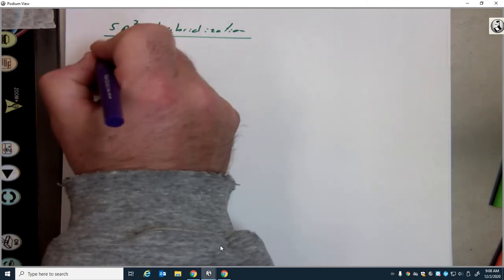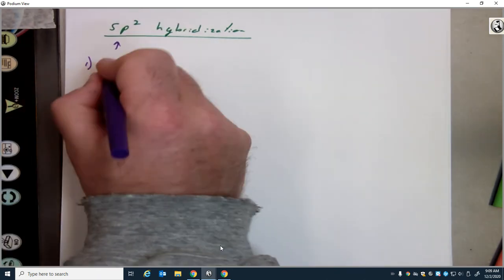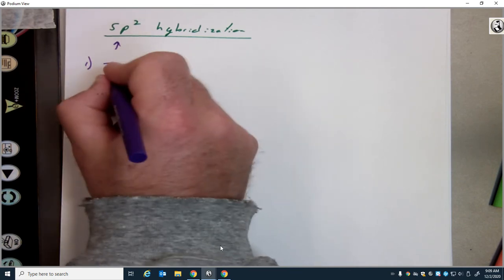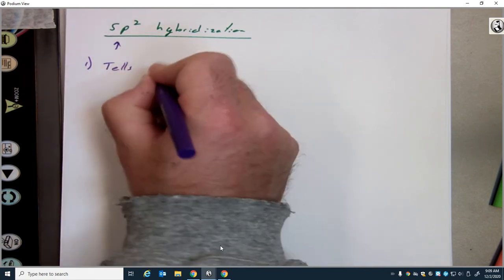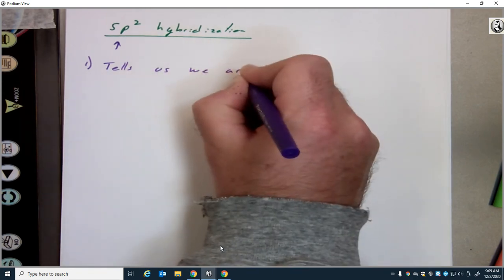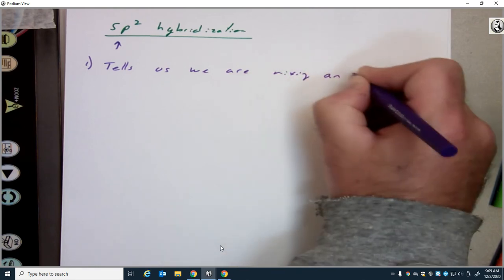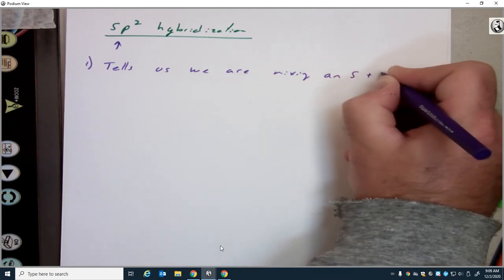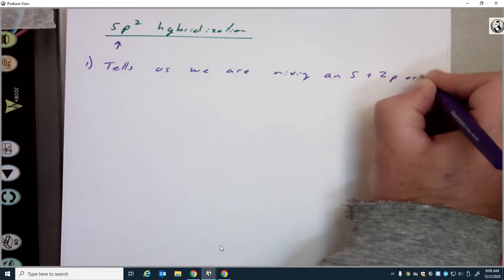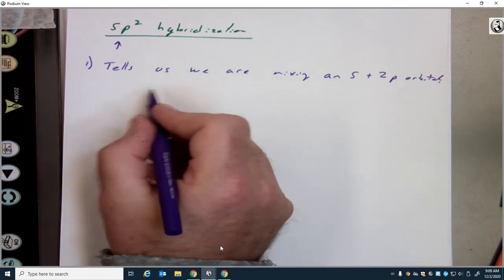So let's write this. We are mixing an s orbital and 2 p orbitals. So now, how many orbitals are we mixing?